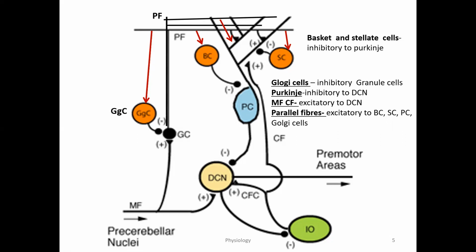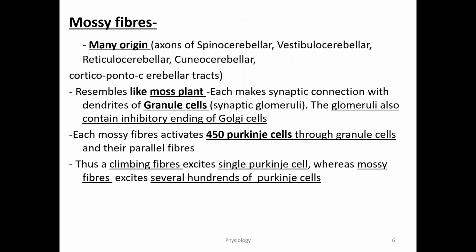Then, about the mossy fibers: they are the axons from the spinocerebellum, the vestibular group of nuclei, the spinal cord, the reticular activating system, and the cuneatus nucleus of the medulla. From these areas, all the input toward the cerebellum is via mossy fibers.